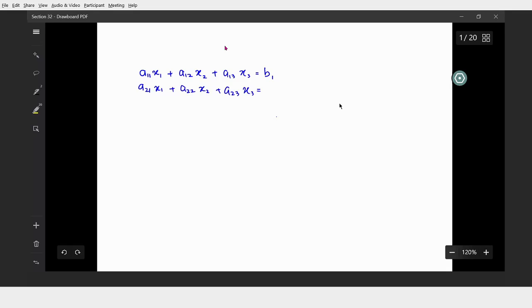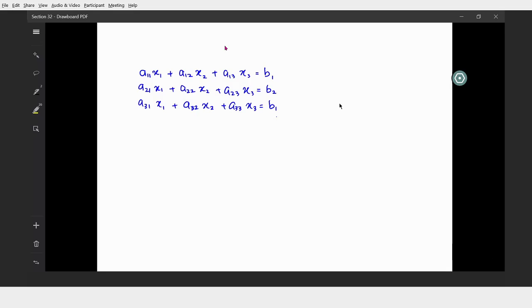We take 3 by 3 for illustration, then a31 and so on. This is the linear system after you have verified that your A is an SDD matrix. So A is supposed to be SDD.